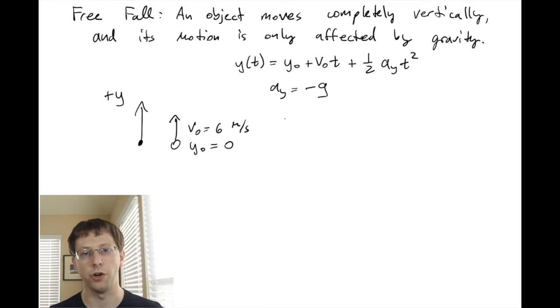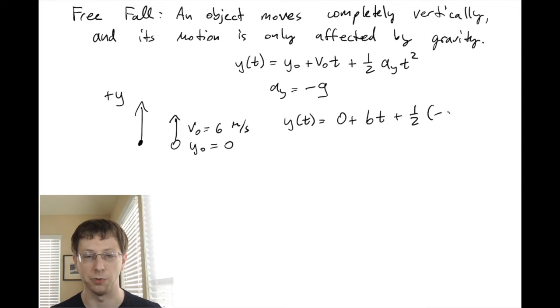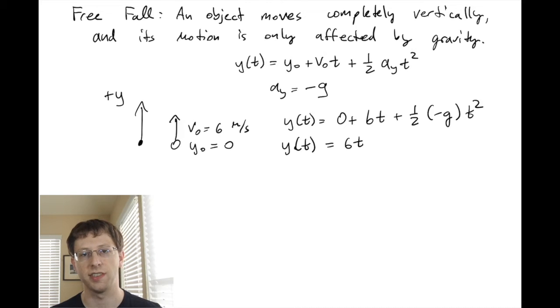So we can plug in our known values now. Y as a function of time is equal to 0, because that's the initial position 0, plus 6 times t, because the initial velocity is 6 meters per second upwards, plus 1/2 times negative g times t squared. And then if you plug in 9.8 as the value of g and simplify the equation, the position y of t is equal to 6t minus 4.9t squared.